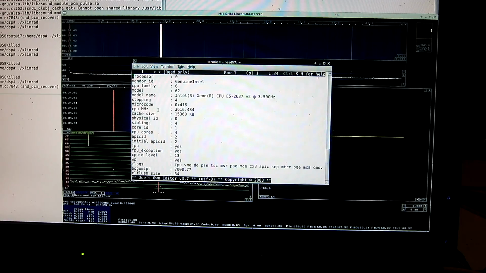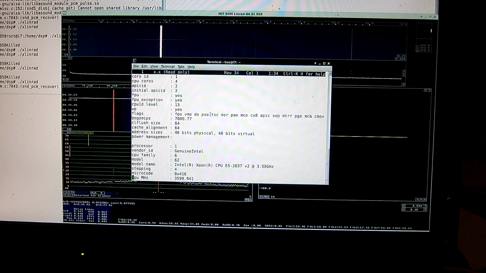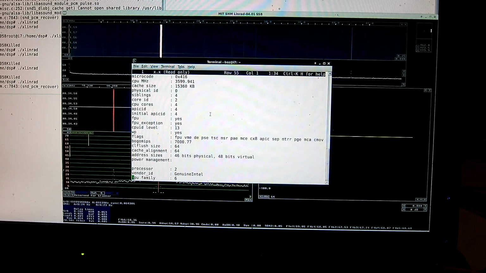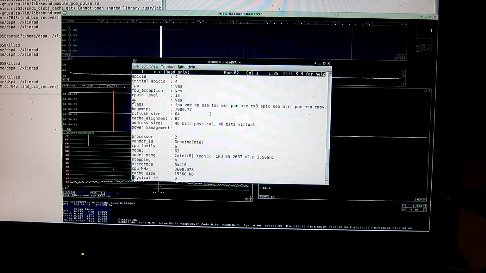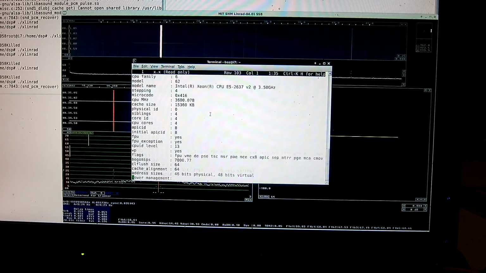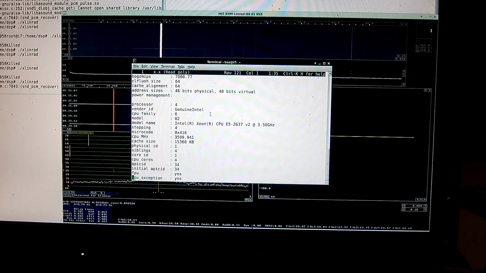And we can see the first CPU is running at 3.6 gigahertz. The second one also. The third one. Fourth one. The fifth one.